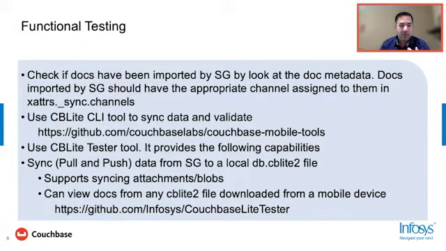There is a section within the meta attributes of a document called the xattrs _sync section. If you look at that, you will see a property called channels, right? And it will be valued. So that's something that you can look at on the server side, to make sure that your channel assignment is happening properly, right? So unless your channels are assigned properly, there's just no way that a document is going to sync to your device. So that's the first thing that you obviously want to test, right?